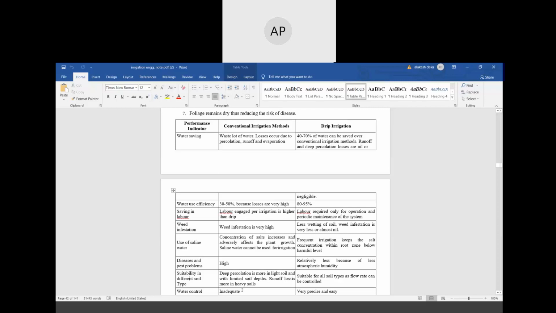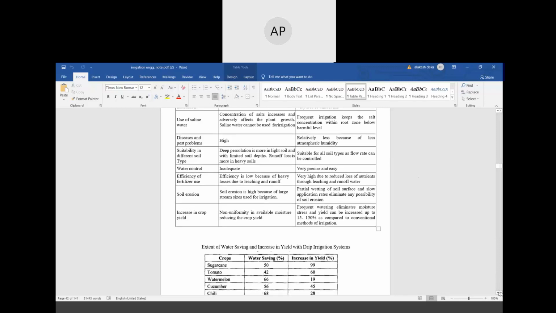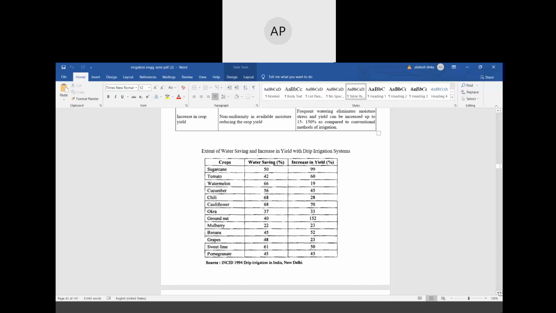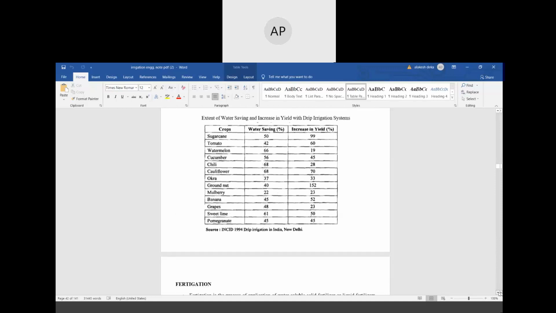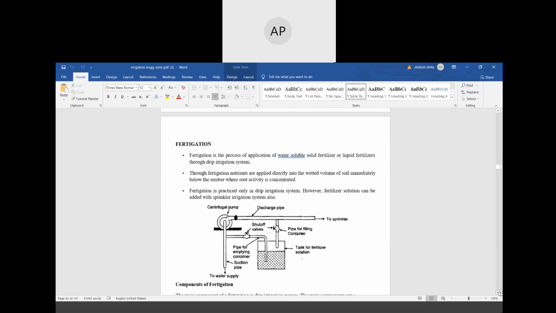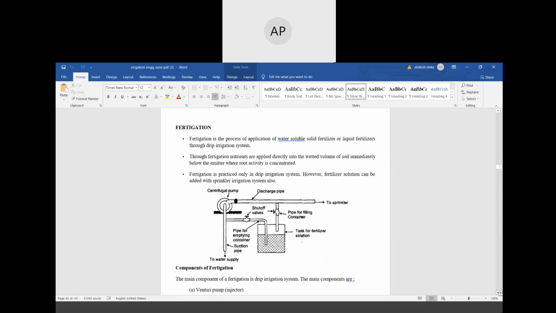Runoff loss is more in heavy soils. So these are some differences between drip irrigation and conventional irrigation method. Extent of water saving and increase in yield with drip irrigation system. Let's see the table. Okay, next is fertigation. What is fertigation?